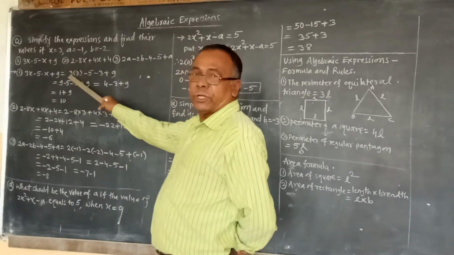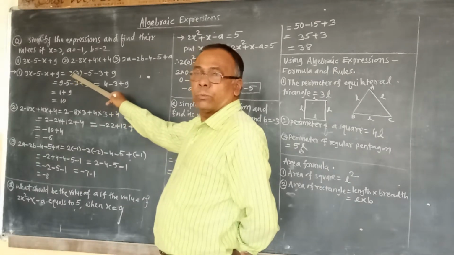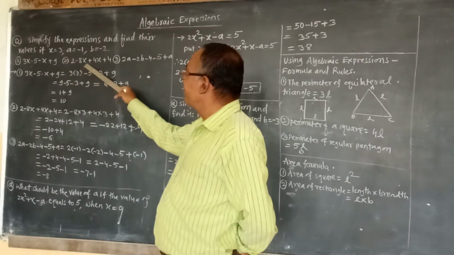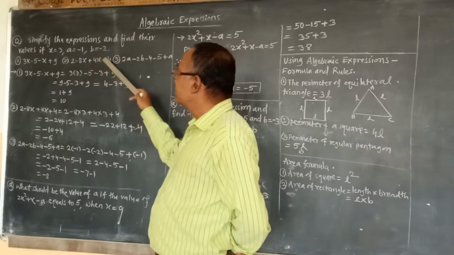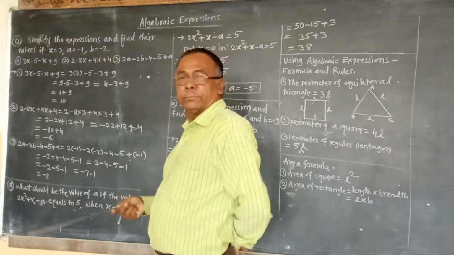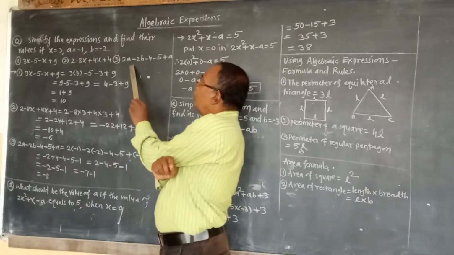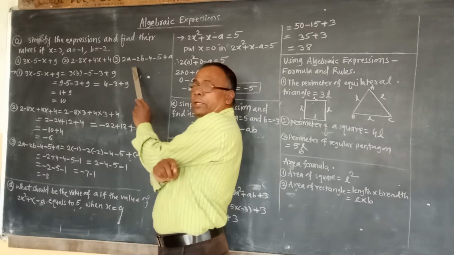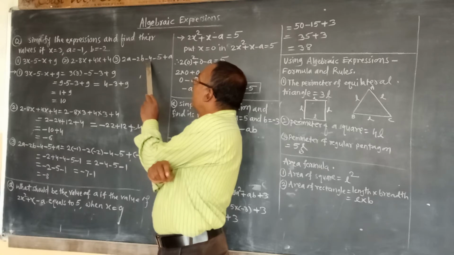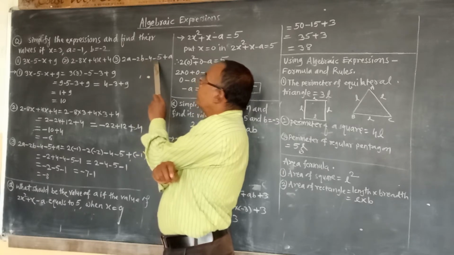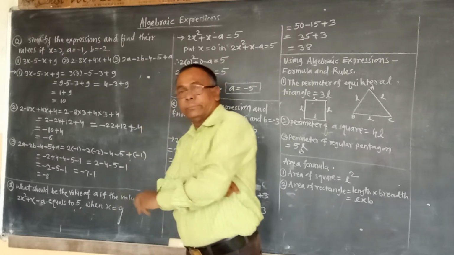The second expression is 2 minus 8x plus 4x plus 4. And the third one is 2a minus 2b minus 4 minus 5 plus a.